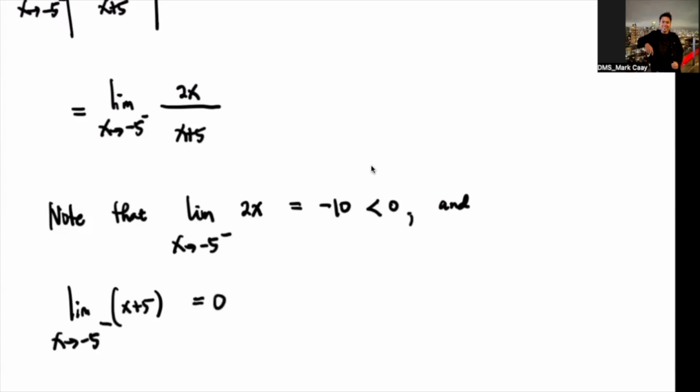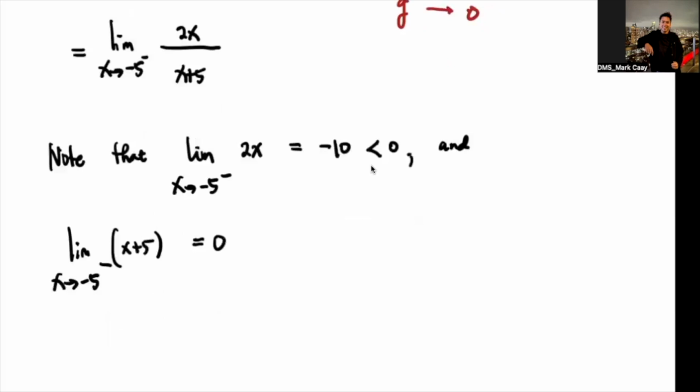So, kung naaalala nyo sa previous discussion natin theoretically that if you have a function f over g and then the limit of f is any constant c, not equal to 0, and the limit of g is 0, we want to observe first what makes the value of the denominator function approach 0. Now, look at this one.